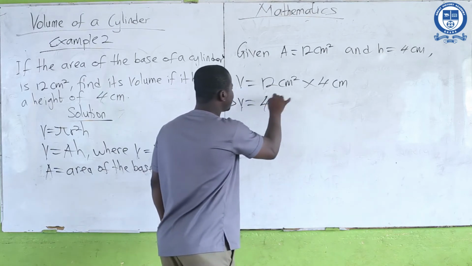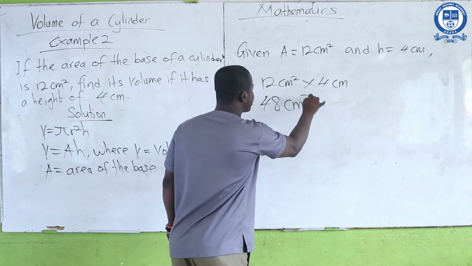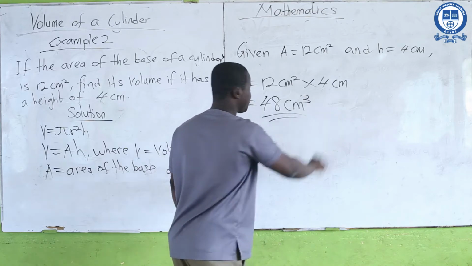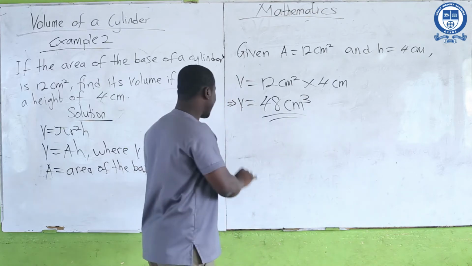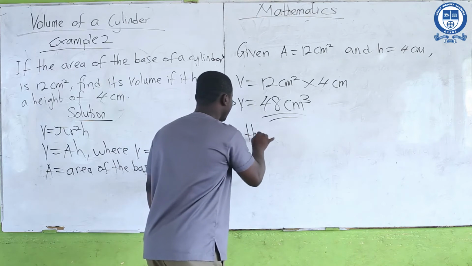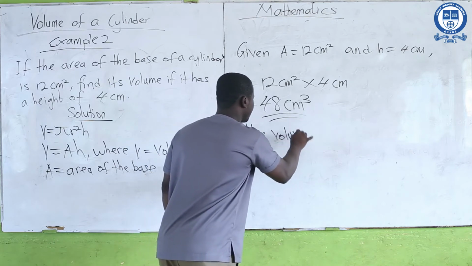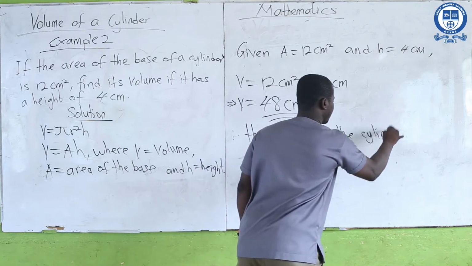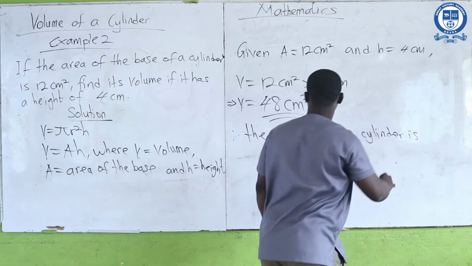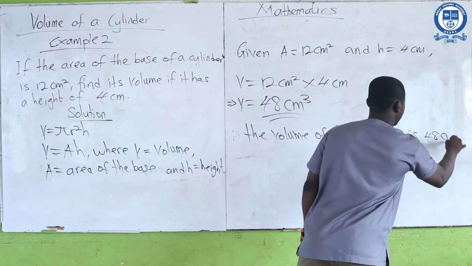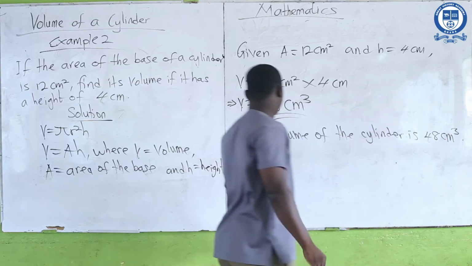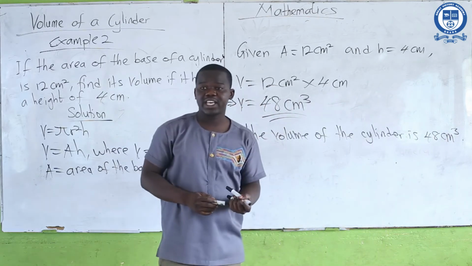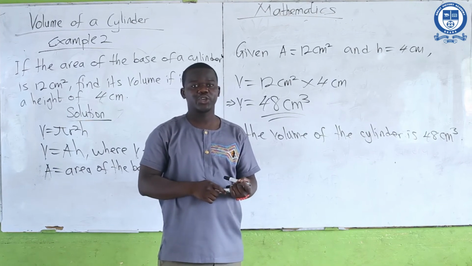That is 48 centimeters cube as our volume. We conclude the answer by saying that, therefore, the volume of the cylinder is 48 centimeters cube.